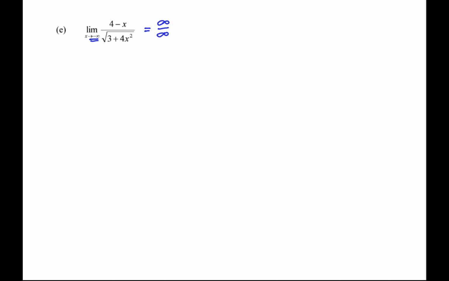So we must solve these problems by dividing by the highest power of the denominator. Your highest power of the denominator in this case is x squared, but this x squared is inside the square root. So your highest power only becomes square root of x squared, which is x. So all the terms must be divided by x because x squared is in the square root.